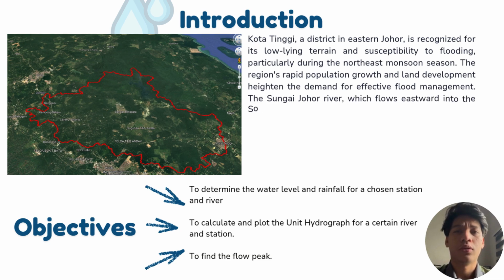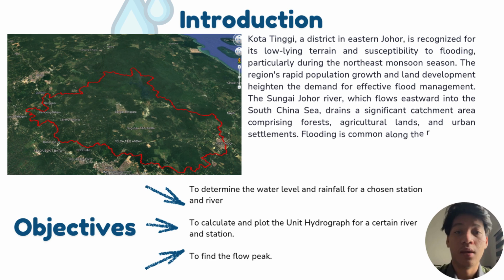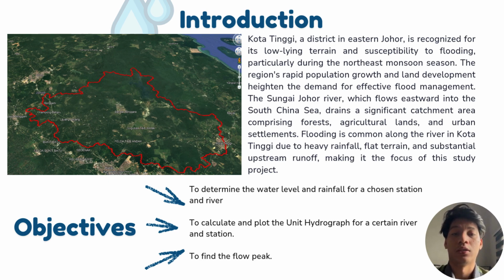The Sungai Johor drains a large catchment area that includes forests, agricultural land, and urban areas. Before flowing into the South China Sea, flooding frequently occurs along this river due to heavy rainfall, flat terrain, and significant upstream runoff. This condition makes Sungai Johor a suitable location for studying the rainfall-runoff relationship.